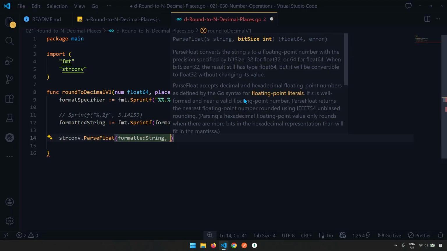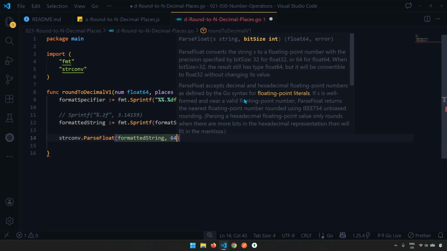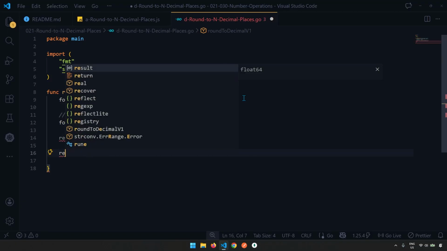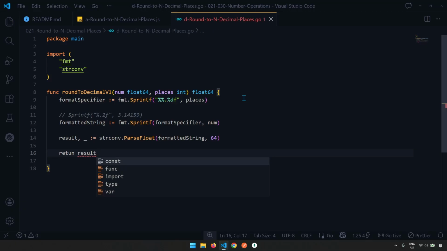I want this to be a floating point number with type 64. Now let's store this inside of result using short variable declaration. What this returns is also something else, an error. I'm going to pass in an underscore because I'm not really interested in the error and I want to ignore that, since this is always going to be valid for us. We just enter numbers. And finally, we want to return a result.